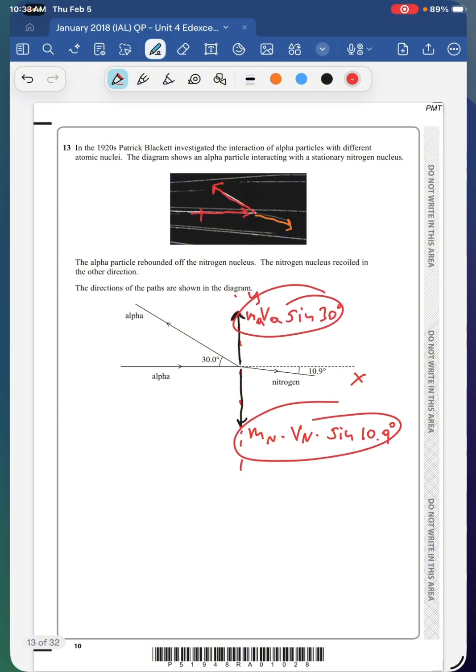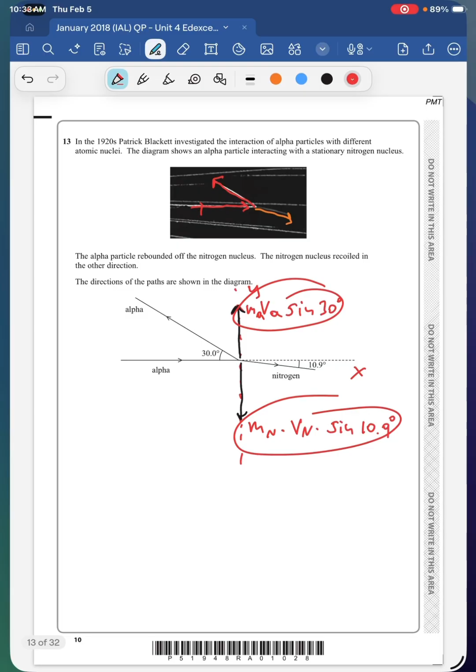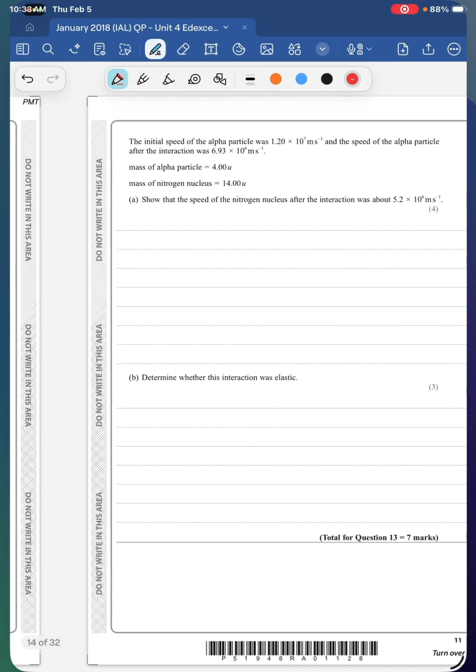So this is what we will use, and hopefully we know everything. We know the masses, we know the velocity of the alpha particle after the collision. We need to find the velocity of the nitrogen.